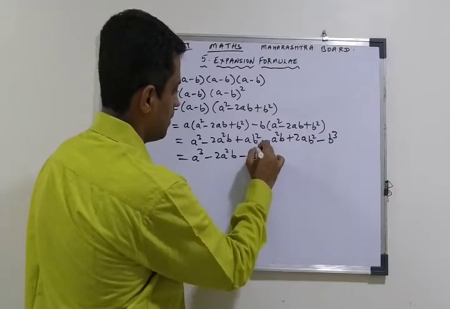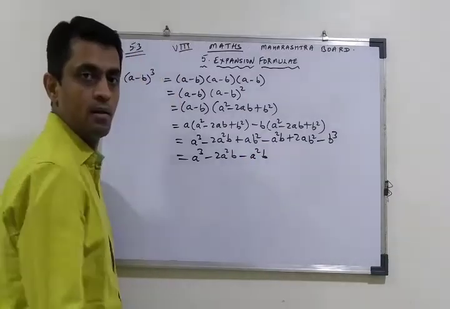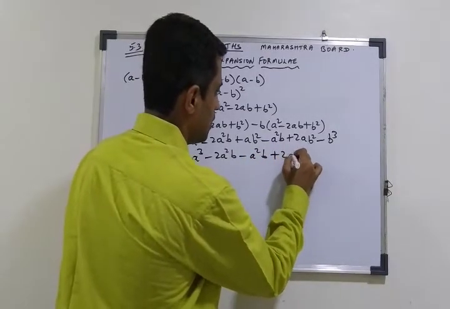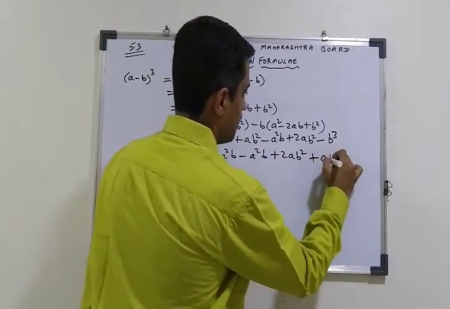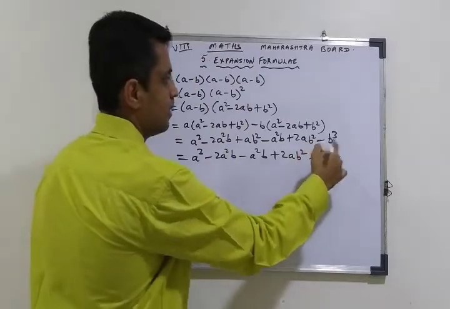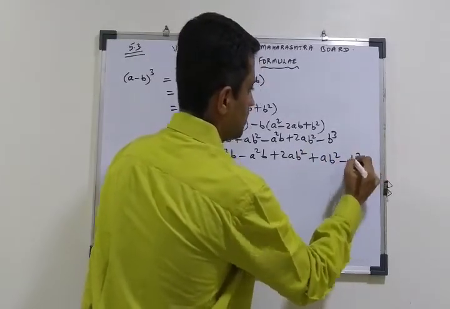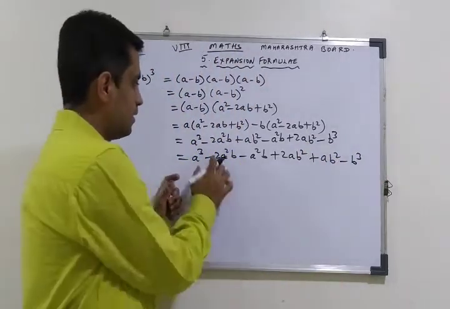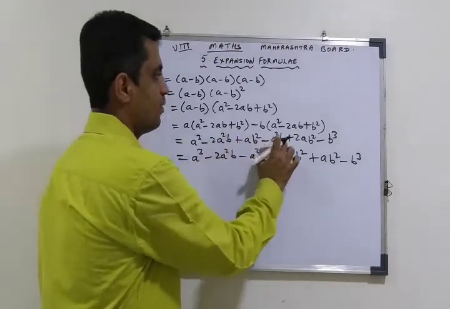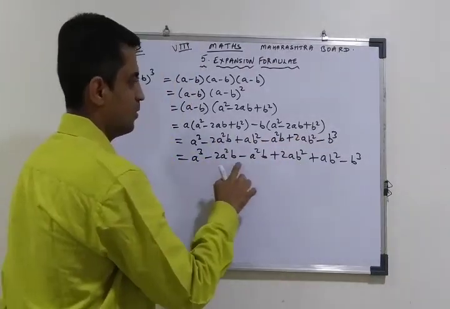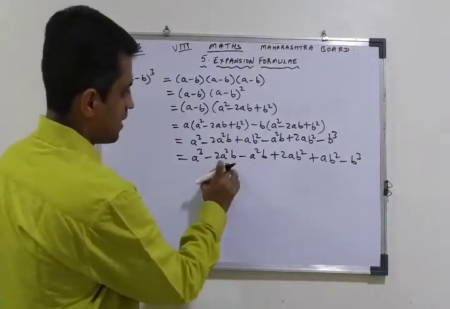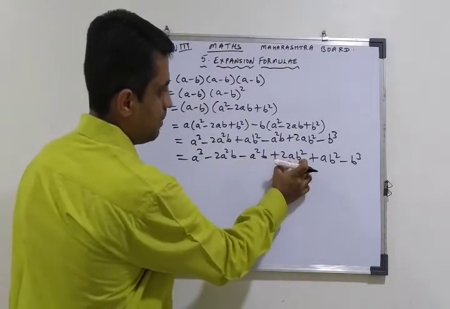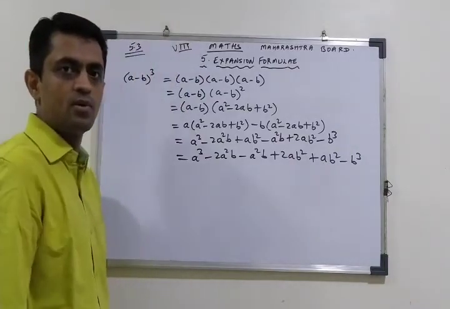So we will write here minus a square b, plus 2ab square, plus ab square, minus b cube. So all like terms are together. But before this, again check: a square b, ab square, ab square. All the like terms are together.